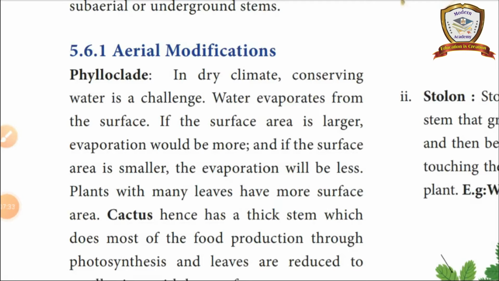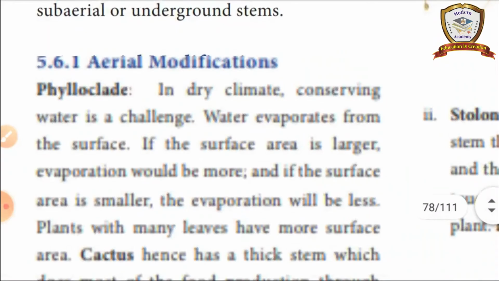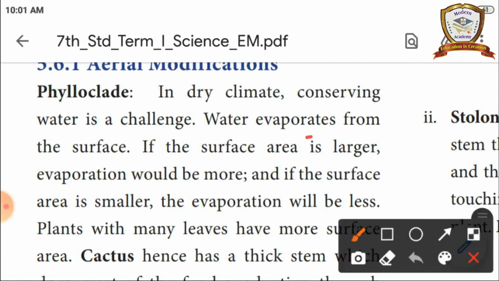So the first one, phylloclade. In dry climate, conserving water is a challenge. Water evaporates from the surface. If the surface area is larger, evaporation is also larger, so it would be more. And if the surface area is smaller, the evaporation will be less.